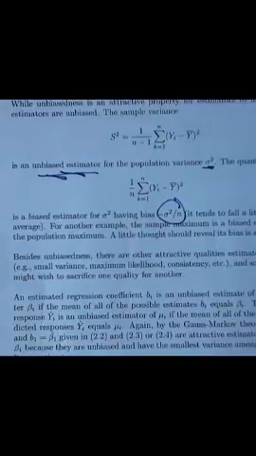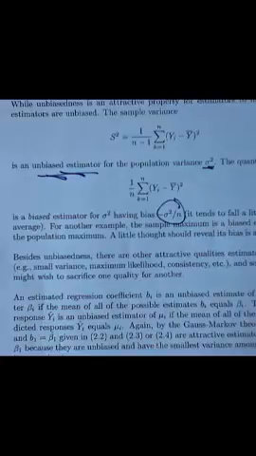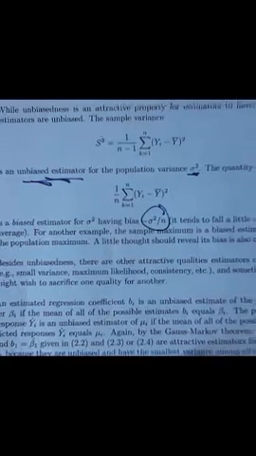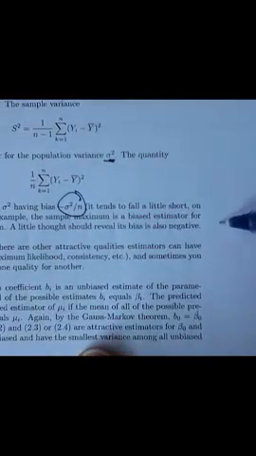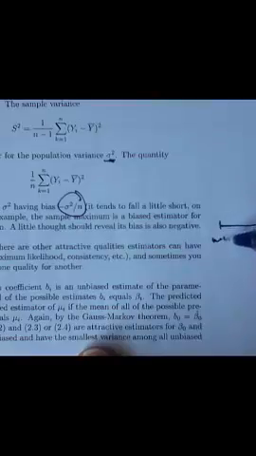So for another example, the sample maximum is a biased estimator for the population maximum. This should be pretty intuitive. If you have a population and maybe here's the minimum value and here's the max, and you take a sample from this population, maybe you get one of these and one of those and one of those.